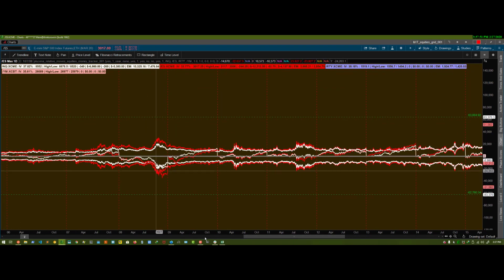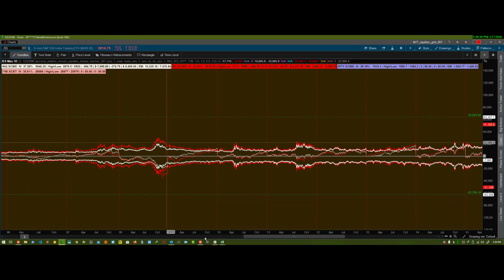Here's 2008, guys. Here's the crash, the great financial crisis. Okay, look at the implied ranges back then, and look at where we're at right now. Okay, that's a whole order of magnitude different. The distance from there to here is $33,000.